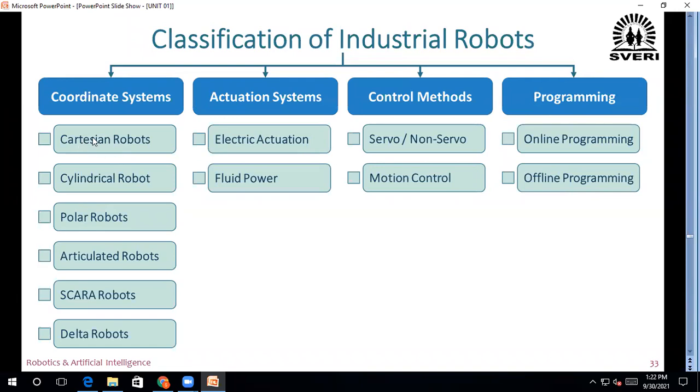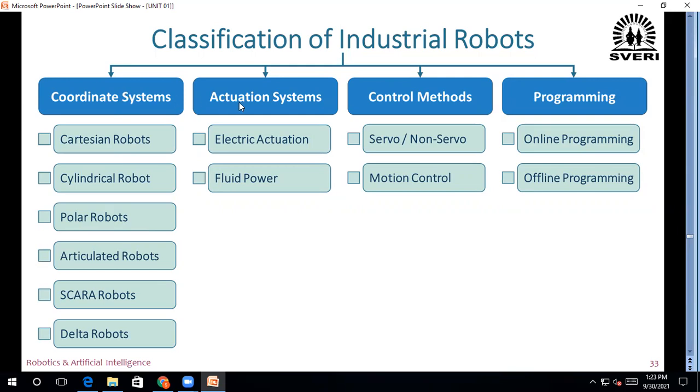Cartesian means moving along the X, Y, and Z axes. Cylindrical robot means the Z axis can rotate cylindrically. Polar robot means spherical robot, where the arm can move in a spherical fashion. Articulated robot means jointed robots. Then SCARA robot. Last is the Delta robot. This is the classification under coordinate system.